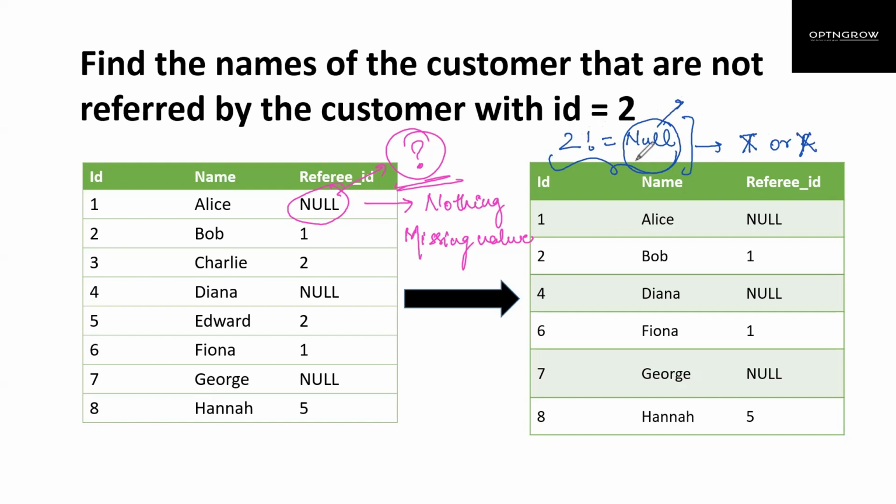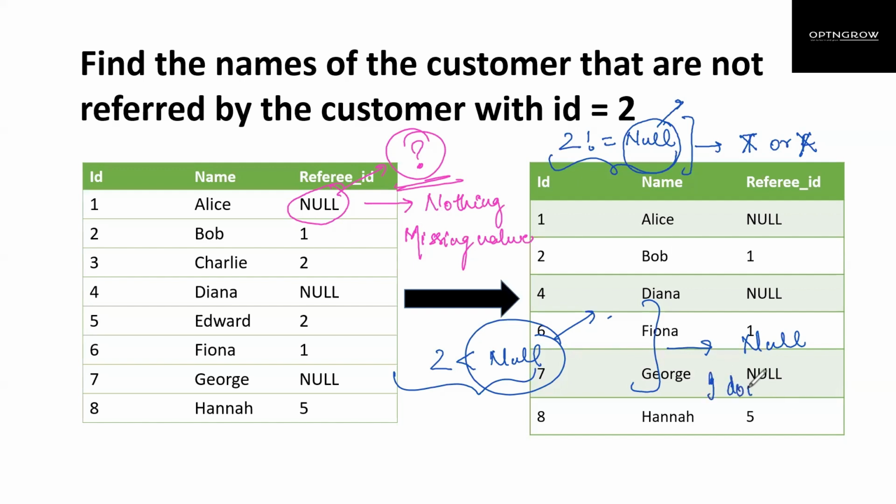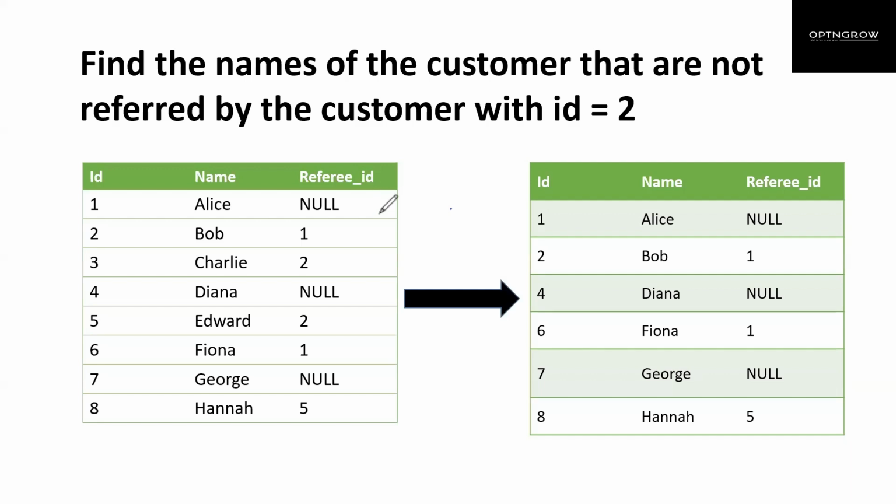A number with nothing. How can I compare any number with null? Because I do not know what this is. It's nothing for me. So here it will ultimately give the output as null, which simply means I don't know. Whenever you do any comparison with null, it gives you the output as null. So for this row, the where clause will return null.